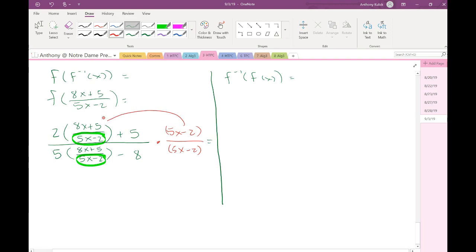When I multiply to the first part, the 5x minus 2 in the denominator cancels the 5x minus 2 I'm multiplying in, and I'm left with just 2 times 8x plus 5. I also have to multiply it to the plus 5, so I'm going to get plus 5 times 5x minus 2.